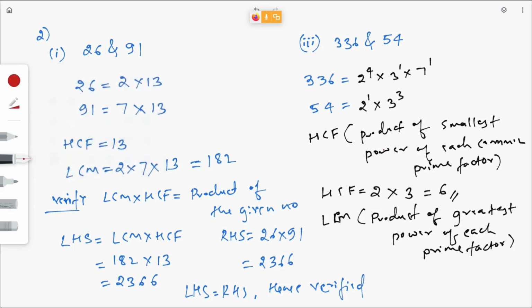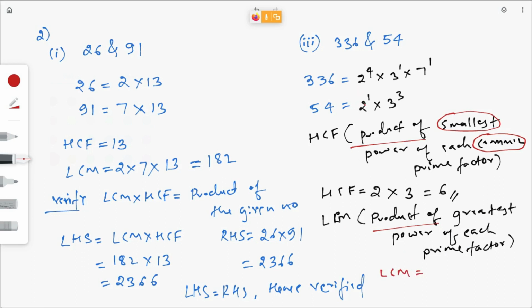Here it is the product of the smallest power of each common prime factor, and here it is each prime factor. Common is not required here. You need to take each prime factor while finding LCM. So then what is the LCM?